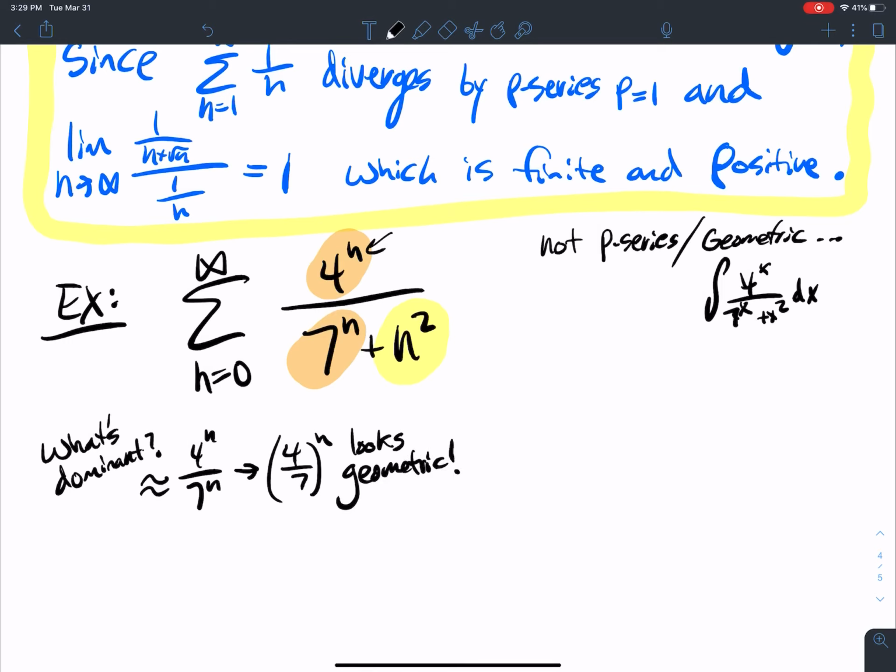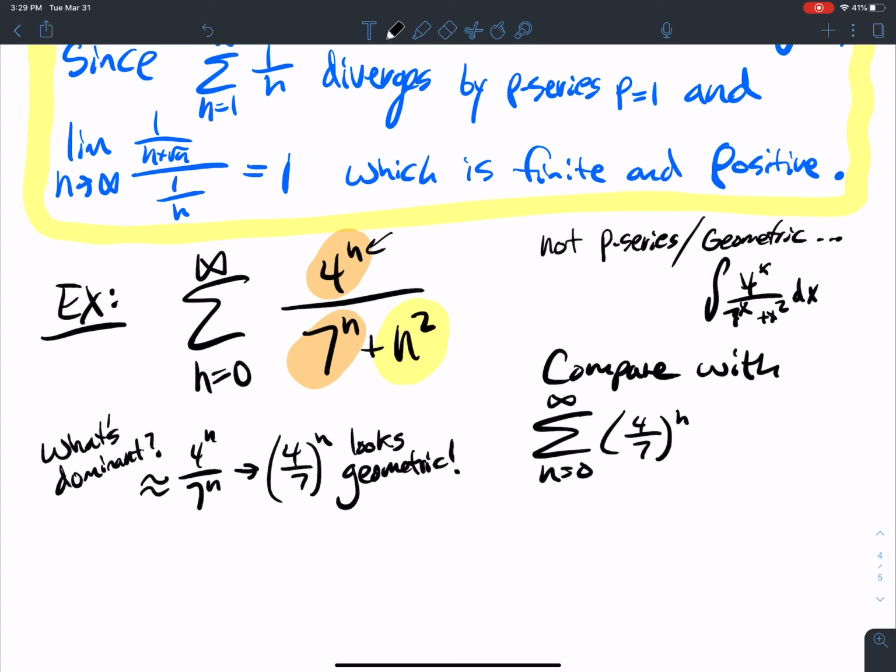Okay, so what I'm going to do is I'm going to compare with n equals 0 to infinity of 4 over 7 to the n, a geometric series with a, remember a is your first term, so if I plug a 0 in, I get 4/7 to the 0, which is 1. And a geometric ratio equal to 4 over 7.